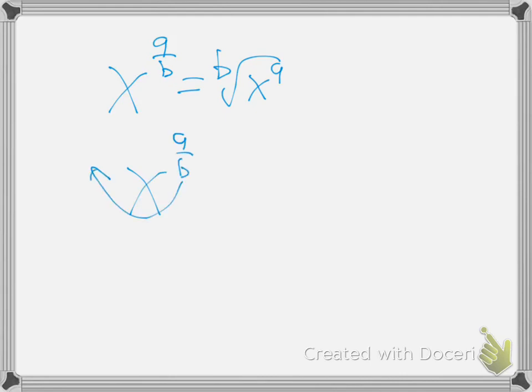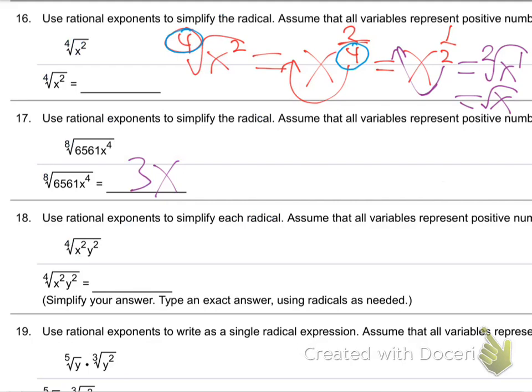Let me write that rule again. A over B. Remember, a fractional power can go to the hook or back and forth. So a fractional power can go to the root or to the denominator. Anytime you want, it's the same thing. So I could take that 8 and swing it there, and it'd be 4 over 8.